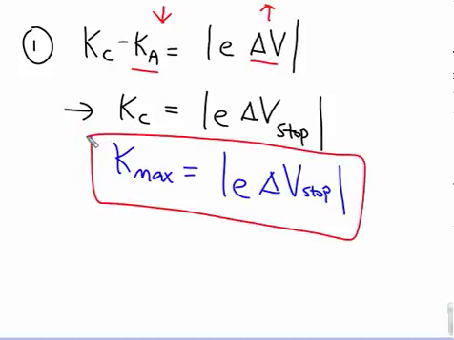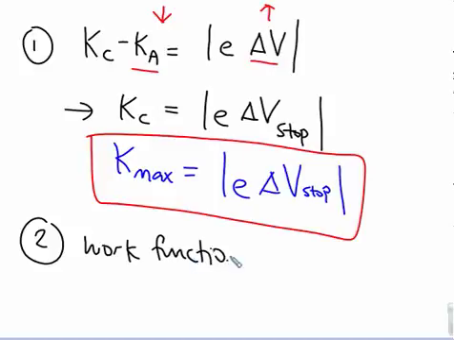This is important. Now, the next important relationship involves the conservation of energy. First of all, let's understand the definition of the work function. The work function is the minimum amount of energy that's required to remove an electron from the metal.